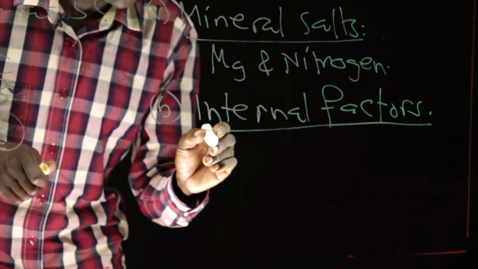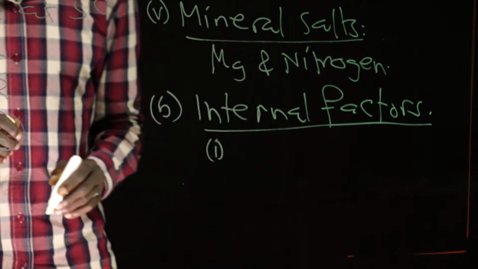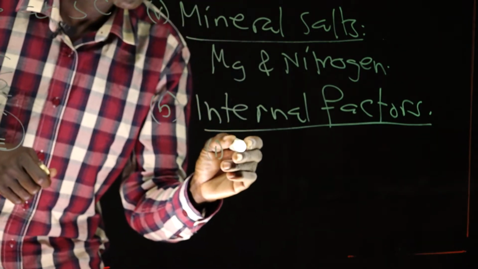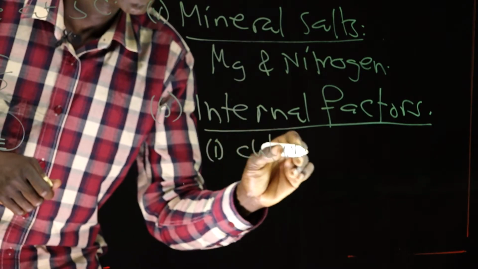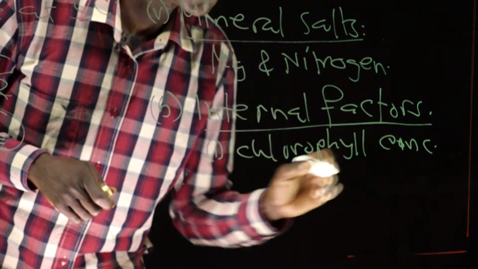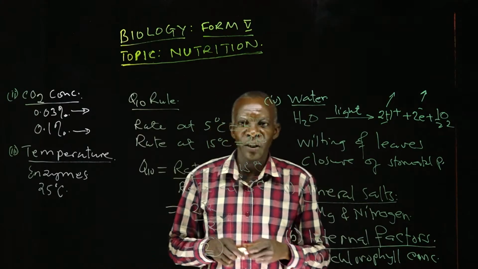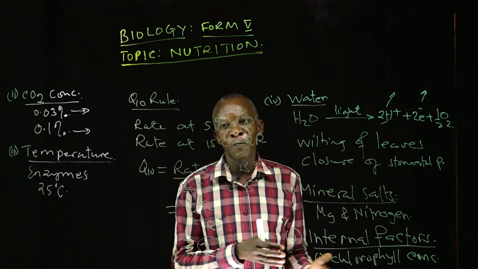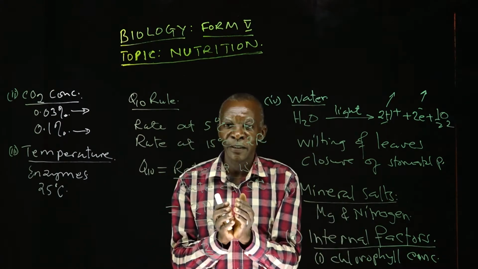The first one, we have chlorophyll concentration. We know precisely that the role of chlorophyll is to trap light.